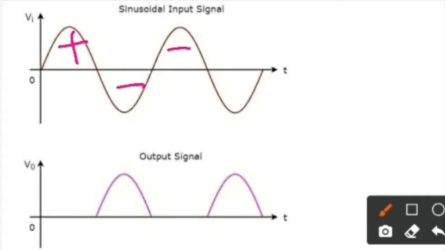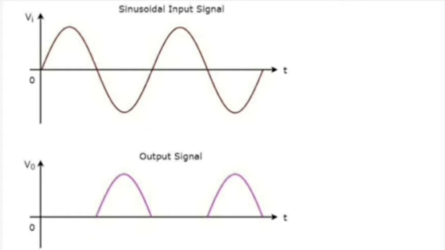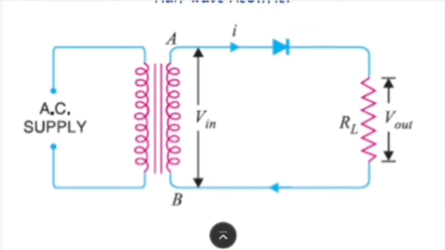Again here we can see positive input, here negative input. Using those inputs we can get a particular output using this circuit. When the circuit is in the positive half cycle, the diode will conduct. So this is how we will get the output of half wave rectifier using this circuit.